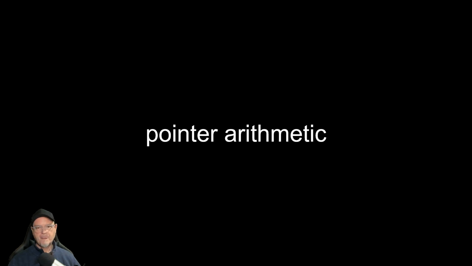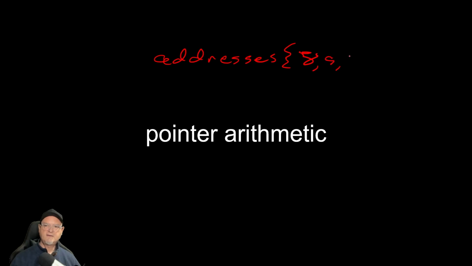Now, we can also do some arithmetic with pointers. This is kind of interesting. If you want to follow along with this next little bit, it's in the code addresses 8, 9, and 10.c.